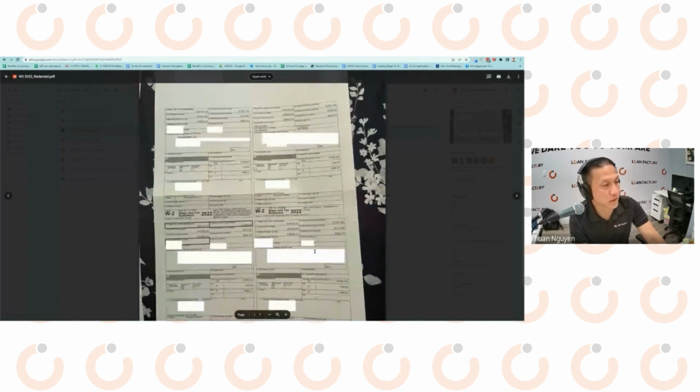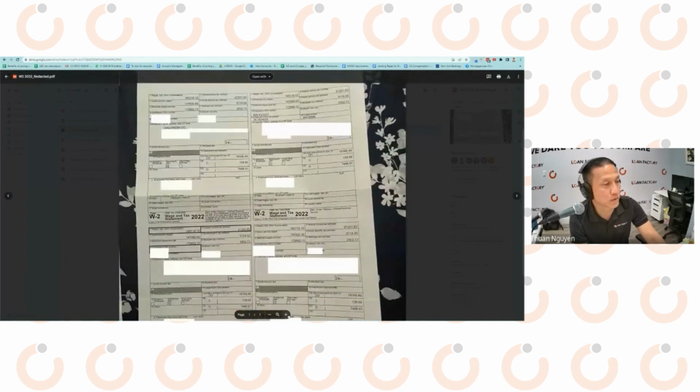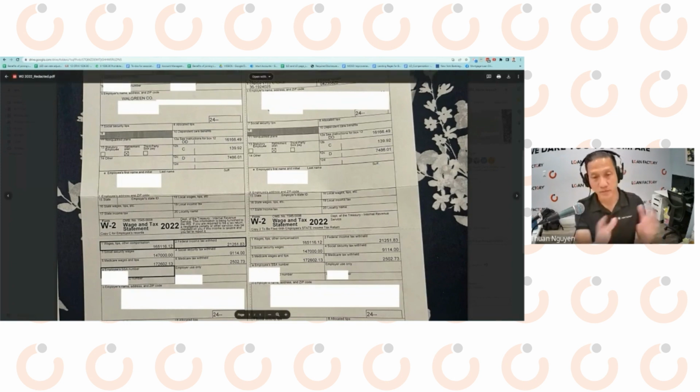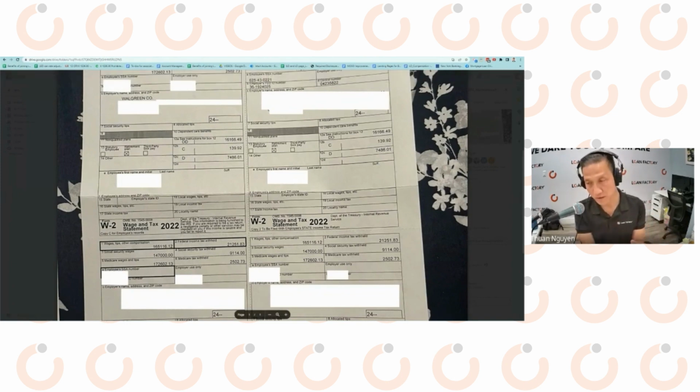Lenders also look at the year to date and the W-2 to determine your income. W-2 is just a second check. Normally they look at the pay stub to calculate income. Normally they don't look at the number on the W-2. However, if a person makes 10,000 a month, on the W-2 the lender expects to see 120K.